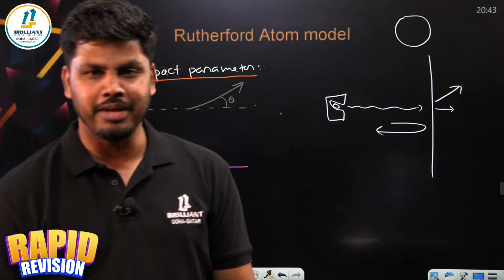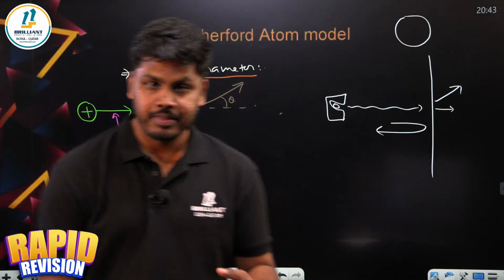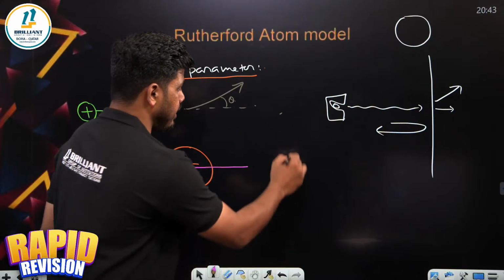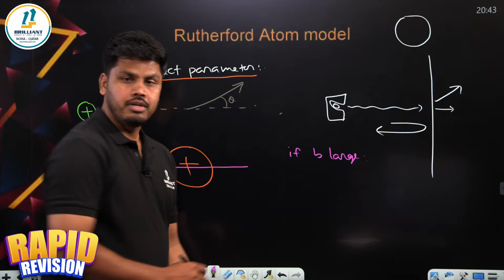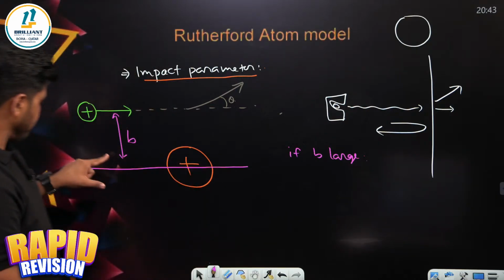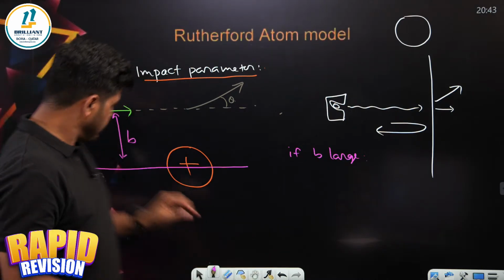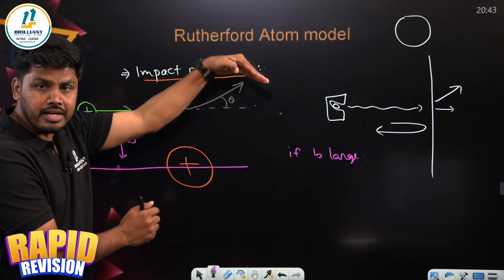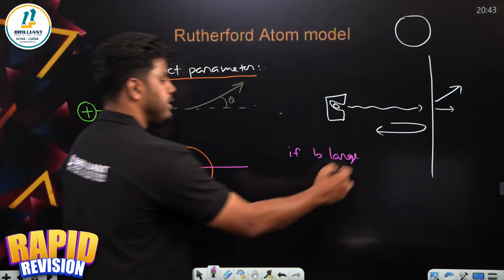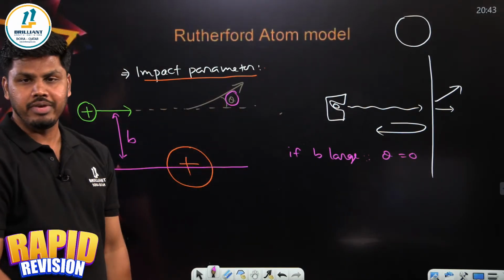Then how did he explain his observations using impact parameter? He said, if b is large, what do you mean by that? If impact parameter is large, all alpha particles are passing far away from the nucleus. If b is large, theta will be 0. There is no angle of deviation, it won't be deviated.